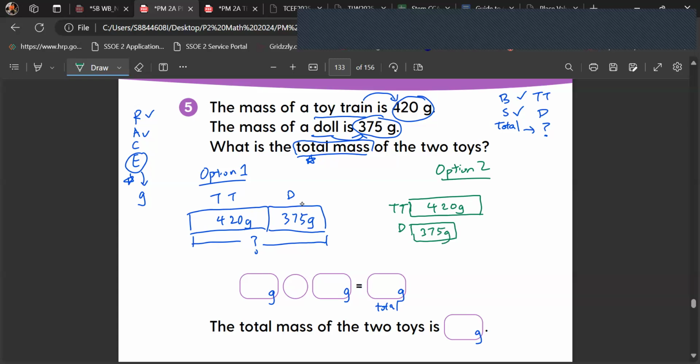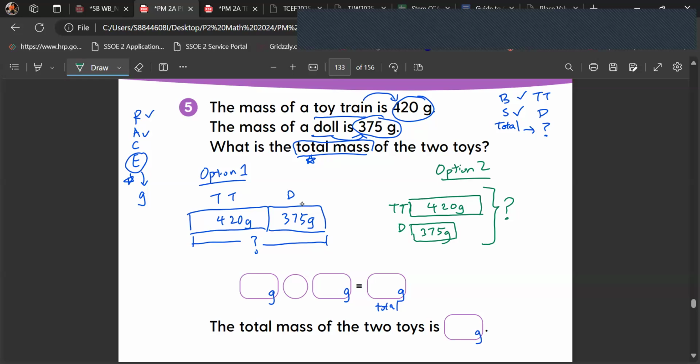And where's the question mark? Yeah, it's a comparison model, that's correct. But I'm going to use it as a part-whole model. I write the question mark here. So you can choose to draw the first way on the left or the second way on the right. Okay, have you made your choice already? I'll remind everyone again later, okay?